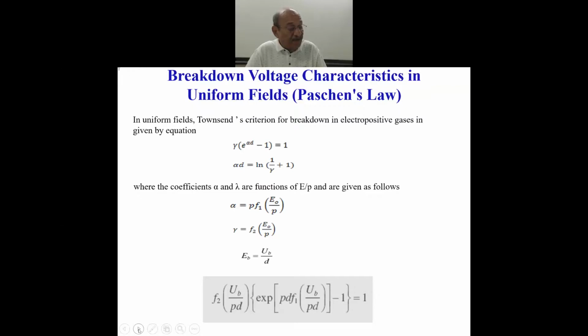And alpha, we have also learned, this should be alpha here, it's wrongly printed here. Alpha and gamma, this should be gamma here, not lambda, where the coefficients alpha and gamma are functions of E by P and are as follows.